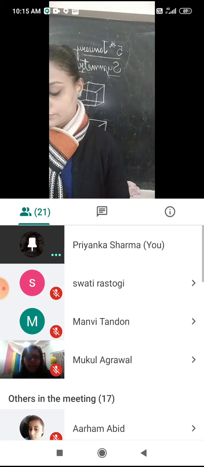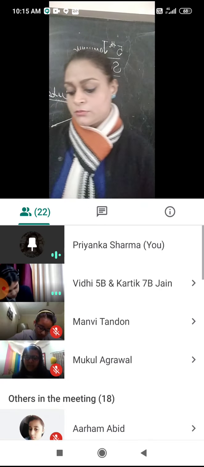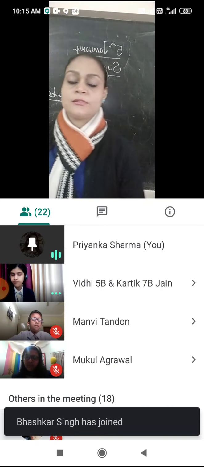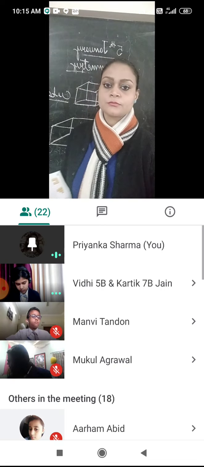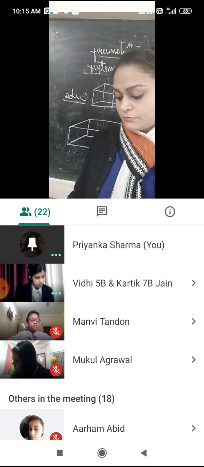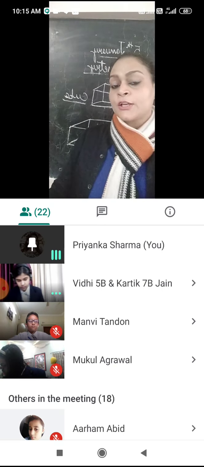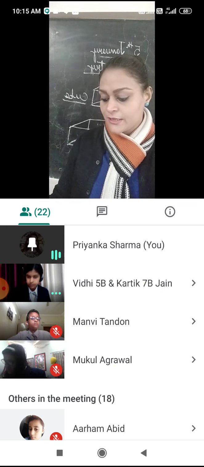All right. Come on, page number 229. Now here the question is also there. Here you have to make a cube of 1 centimeter. Measurement is given.